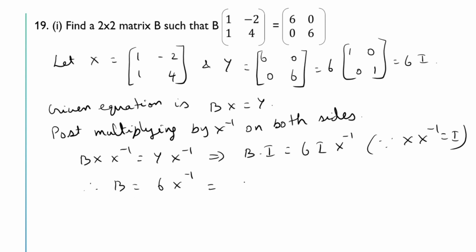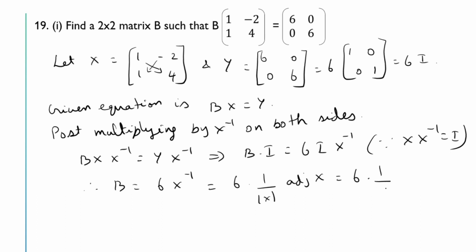So this is equal to 6 into 1 by determinant of X into adjoint of X. Or this is equal to 6 into 1 by determinant of X, which is 1 into 4 minus of minus 2, that is 6.